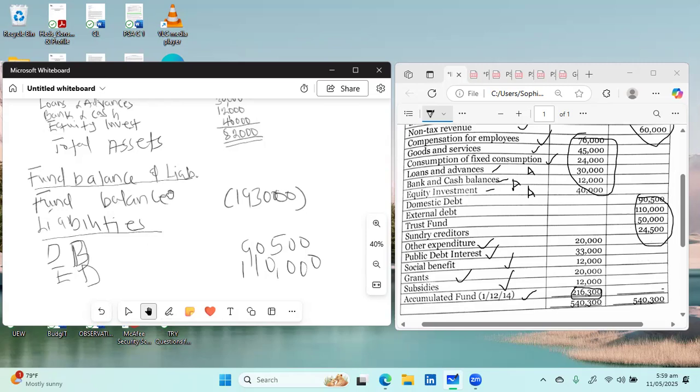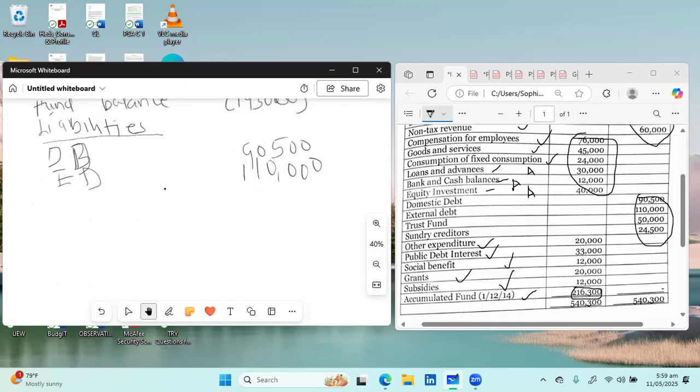What's the next one? Trust fund, TF. Trust fund is 50,000, right? Yes. Then we have sundry creditors, SC. That is 24,500.